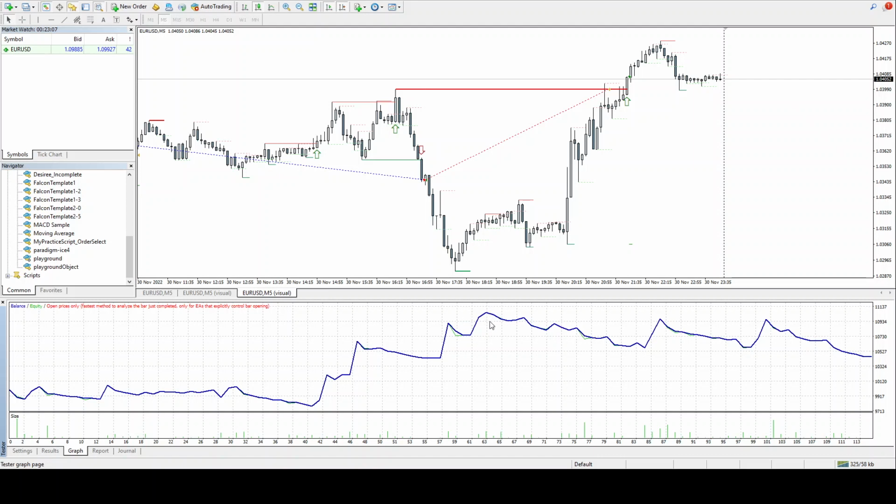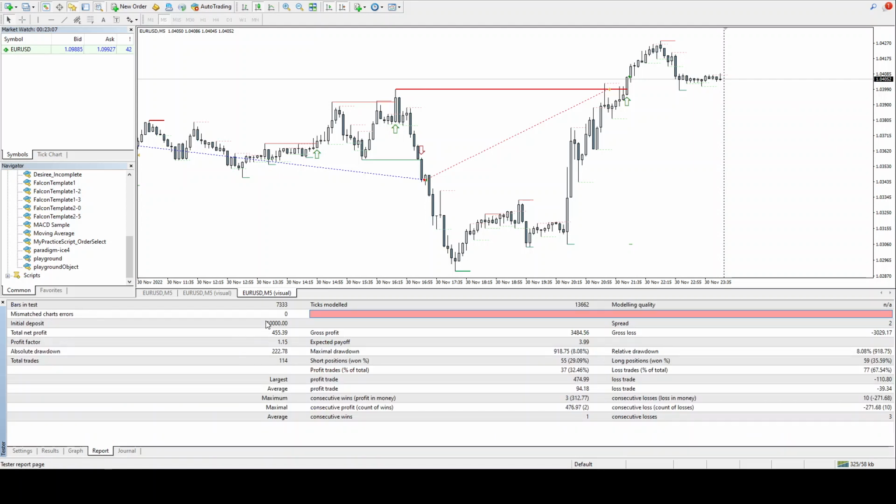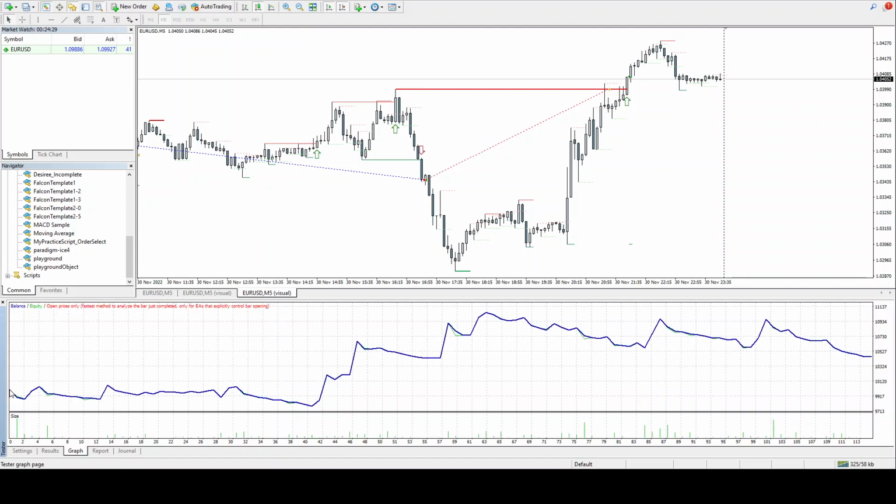Okay, so I like to pay attention to the highest equity versus the eventual balance. And if you go to the reports, the initial deposit is 10,000, so this is 4.5%. Obviously, that is the net return, right? And the absolute drawdown is 2.2%. That is, it went 2.2% below the initial balance right here.